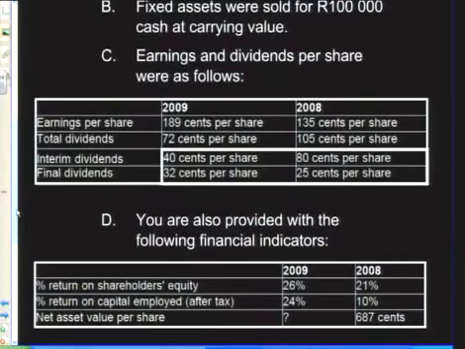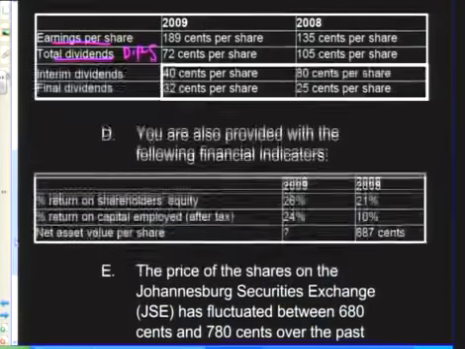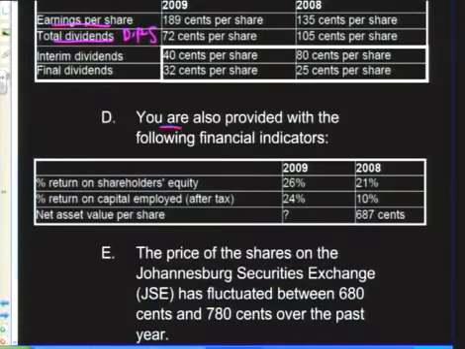Looking at the additional information, I noticed they've given me earnings per share. They've given me total dividends, so this is my dividends per share that they've also given me. They've broken it down into interim and final. And then at the bottom, you are provided with the following financial indicators: percentage return on shareholders' equity, return on capital employed, and then my net asset value per share.